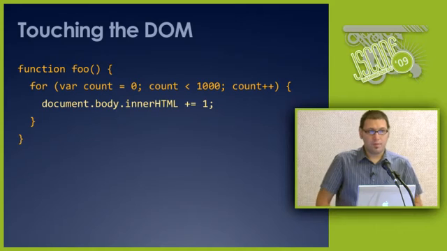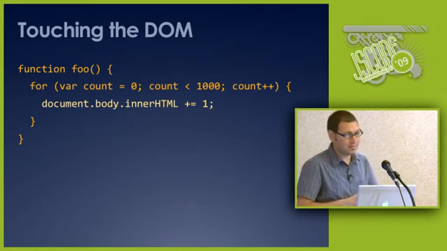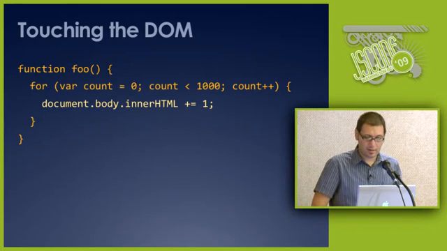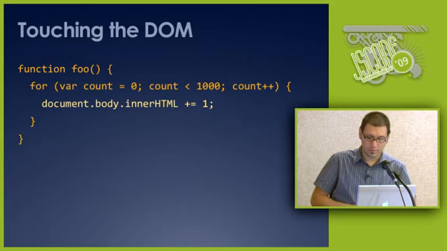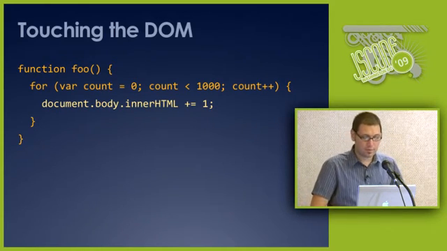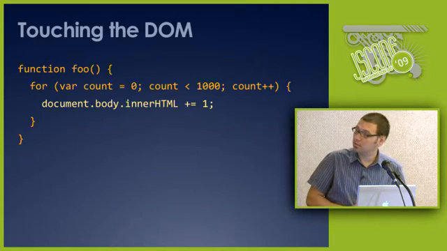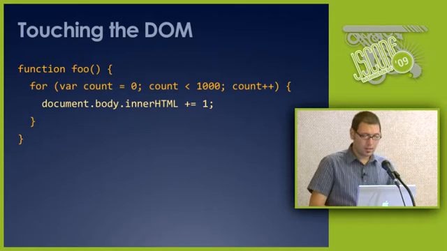So again, when you touch the DOM, just be careful. And sometimes you touch it implicitly. In here, I'm looping 1,000 times, adding to the document body's innerHTML. So for every iteration, I'm touching the DOM twice, once to read the value and once to update the value.